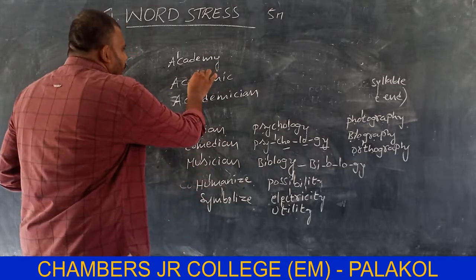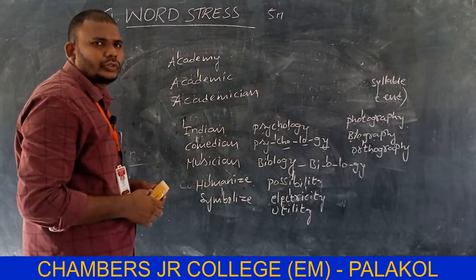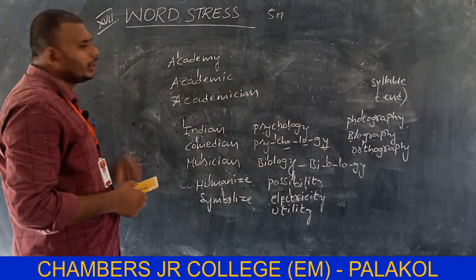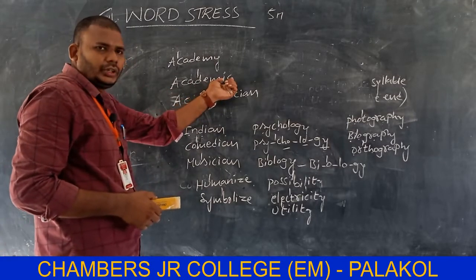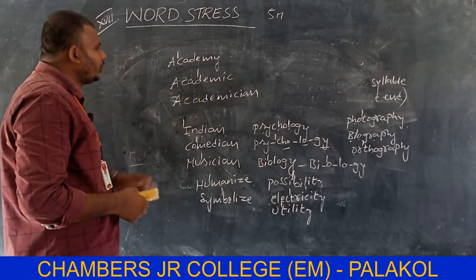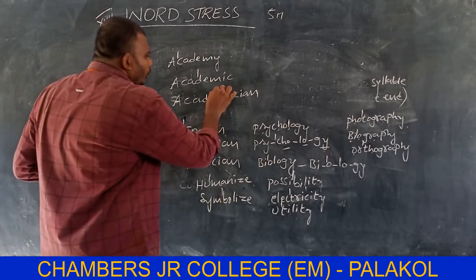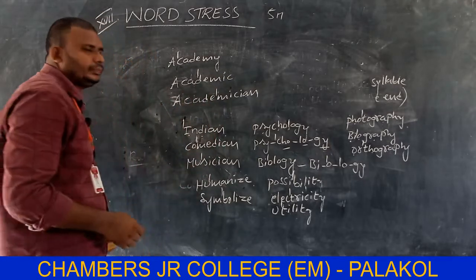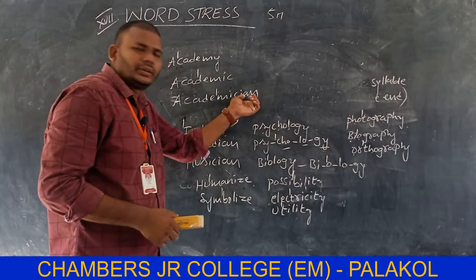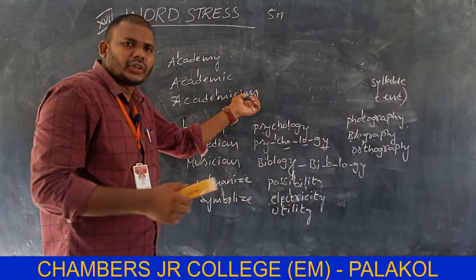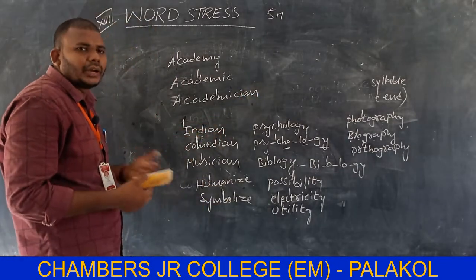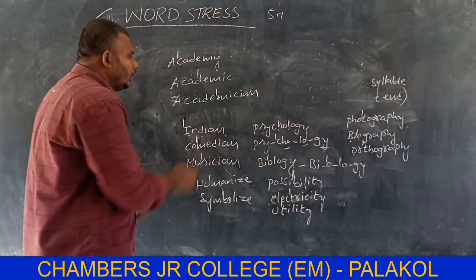We should draw stress on the penultimate syllable because it ends with IC. And see this one, academician. Here we should put the stress on M because it ends with IAN. When your word ends with the suffix IAN, take stress on the anti-penultimate, as I said in the previous rule.